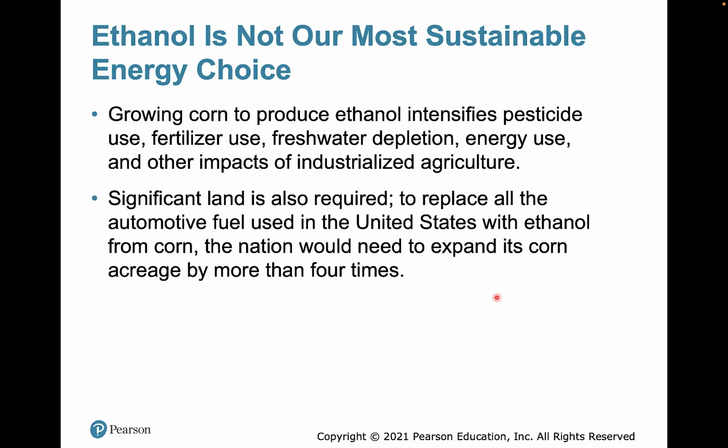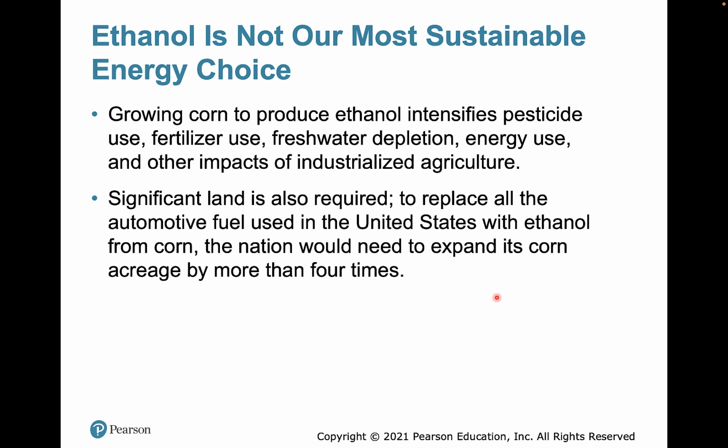It's not our most sustainable energy choice if we're going to use biomass, because if we're going to grow corn for this use, it's going to create other problems. It's going to increase the use of fertilizers and pesticides. We're going to use groundwater to grow the crops, and we're going to use fossil fuels to allow industrialized agriculture to grow this corn.